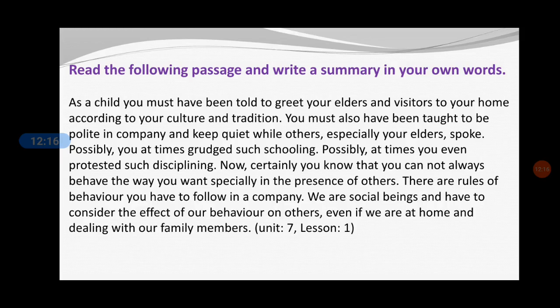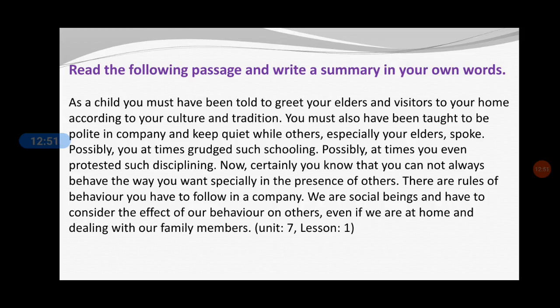So we all know that this passage is about human behavior, that is, etiquette and manners. So the main point here is etiquette and manners. As social beings, we have to consider, just see the line: we are social beings and have to consider the effects of our behaviors on others, even if we are at home and dealing with our family members.